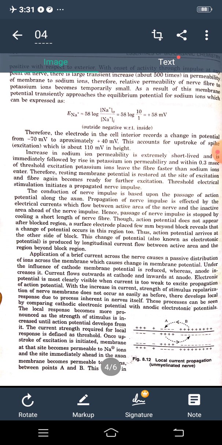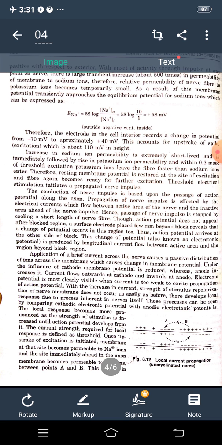So we can take the equation: as a result, the membrane potential transiently approaches the equilibrium potential for sodium ions, which can be expressed as E Na plus is equal to 58 log of Na plus outside concentration divided by Na plus inside, that is 58 log 10 upon 1. The value of log 10 is 1, so 58 millivolts, outside negative with respect to inside.